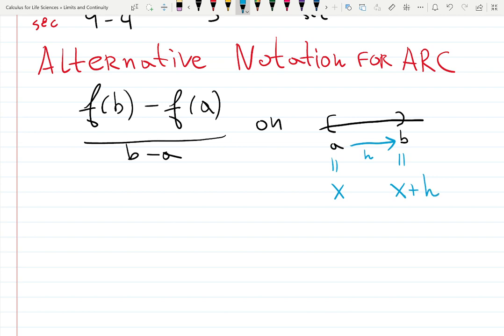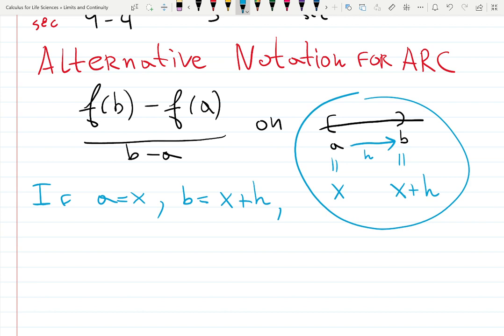So if a is x and then b is x plus h, so that is a picture, where h is the small change.